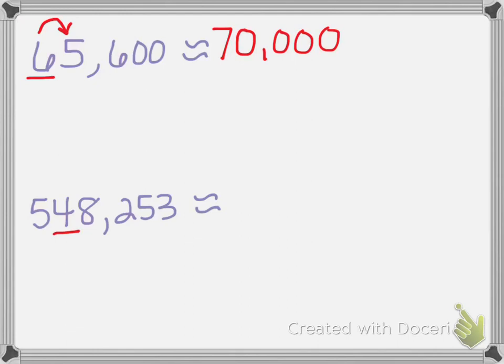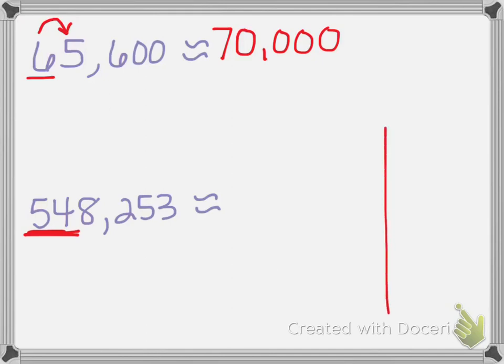Okay, on to my next 6-digit number. 548,253, rounded to the nearest 10,000. Now we can't just focus on the 10,000s place. You have to focus on everything before that place. So we really have 54 ten-thousands.